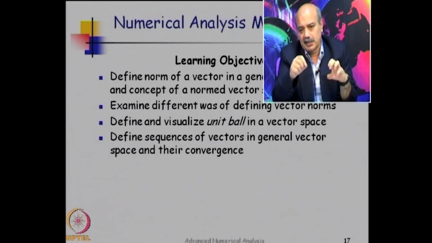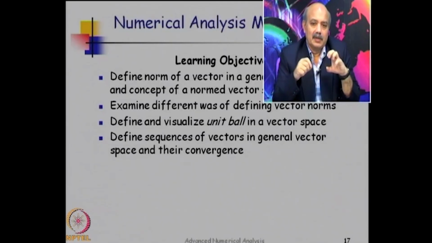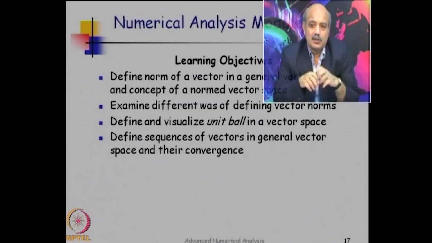So is this sequence of vectors that you get in the process of generating approximate solutions converging to some point? Is it going somewhere in the same space? We need to examine this thoroughly when it comes to understanding numerical behavior of solutions.